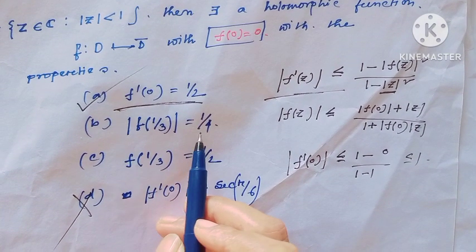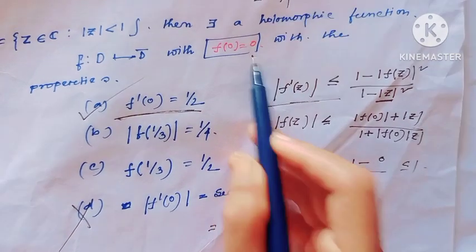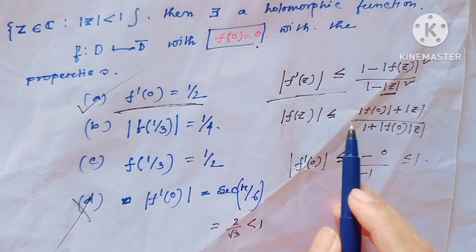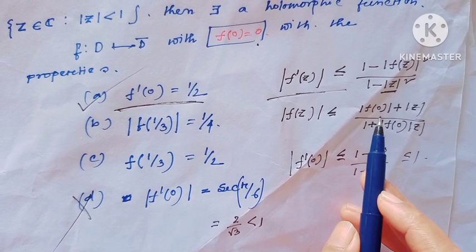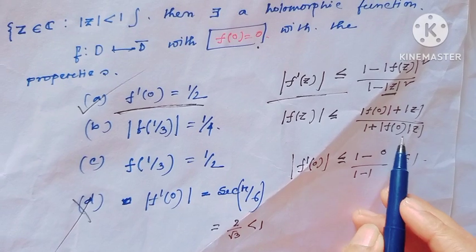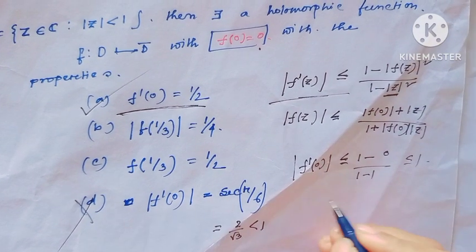Here f of 1/3. For this, since f of 0 is given, we can apply this rule: modulus of f(z) is less than or equal to (modulus of f(0) plus modulus of z) divided by (1 plus modulus of f(0) times modulus of z).